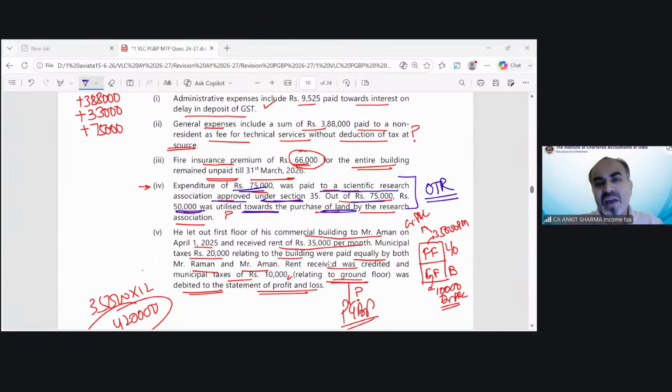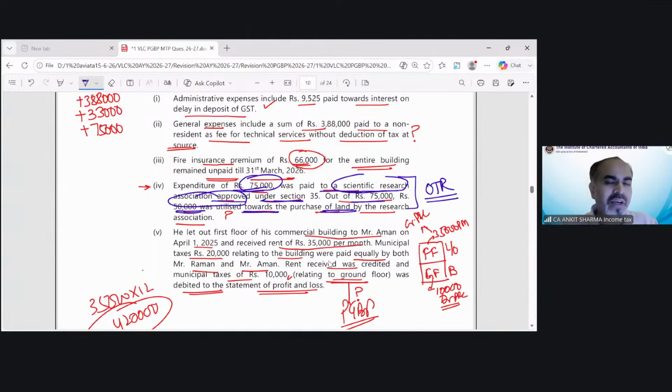Student, we are paying a donation for scientific research to an approved association, and on this basis, you can claim the deduction. How does it matter for what purpose that receiver is using your donation? The land purchase deduction is disallowed if it is for your in-house research.